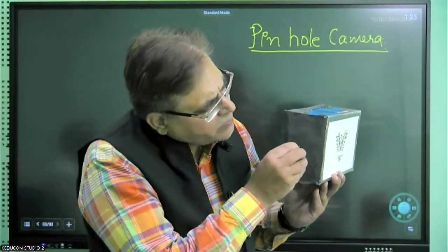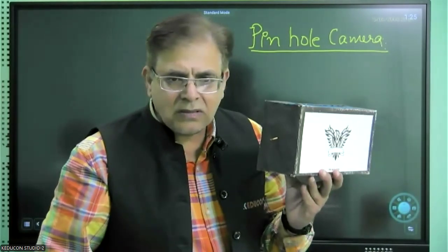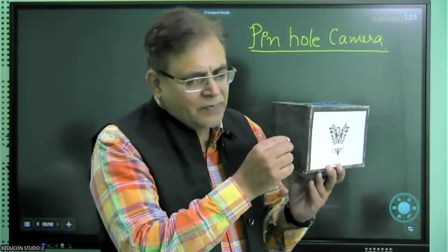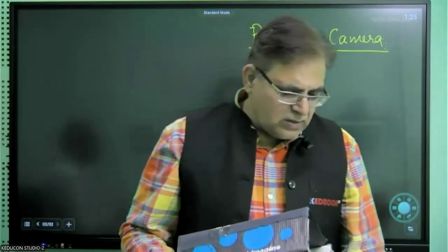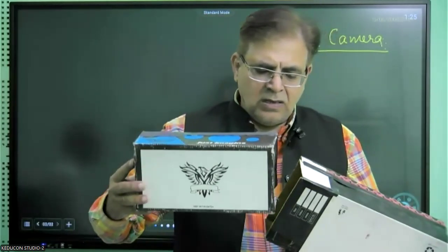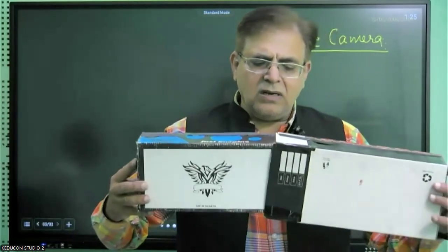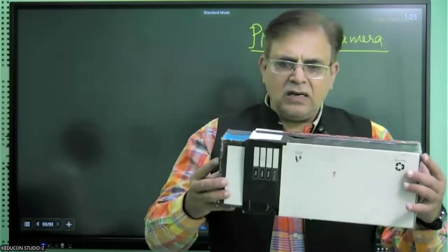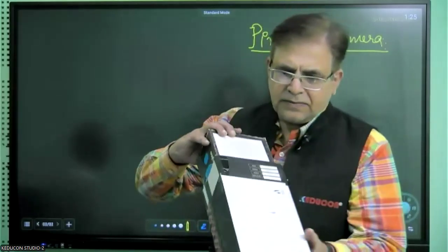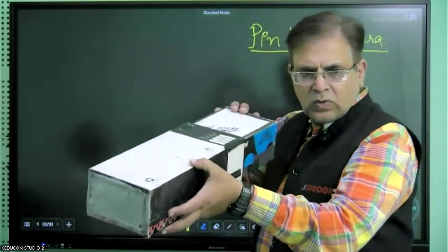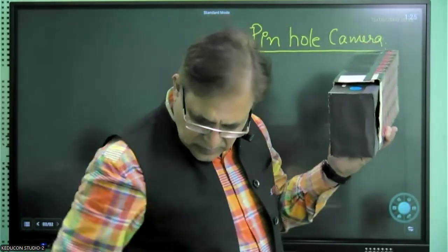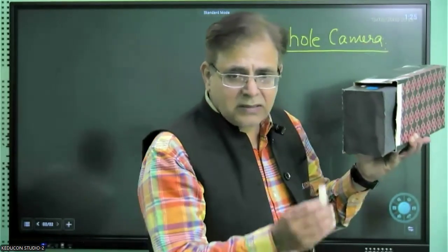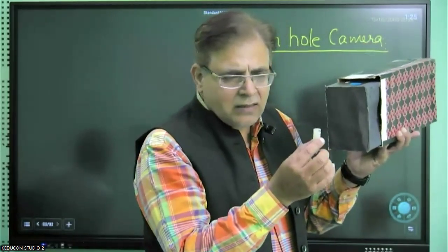Like I have put, look, this is the miniature hole here. So this is how you make the pinhole camera. The length of the pinhole camera can be adjusted like this.